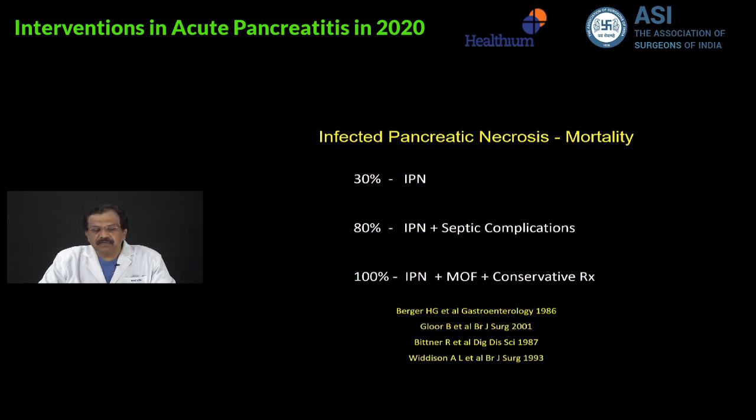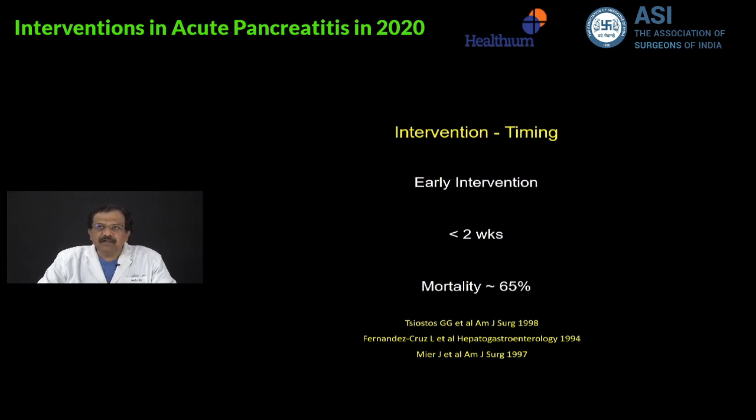Whenever we have infected pancreatic necrosis with septic complications, the mortality goes to 80%. And if you have infected pancreatic necrosis with multi-organ failure and you still continue to treat this patient conservatively, the mortality is almost 100%. Now, when do we intervene in patients with peripancreatic fluid collections? There is a lot of surgical data to show that if you intervene in less than 2 weeks, the mortality is very high.